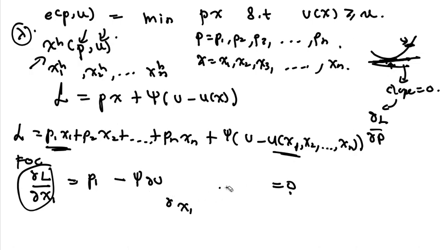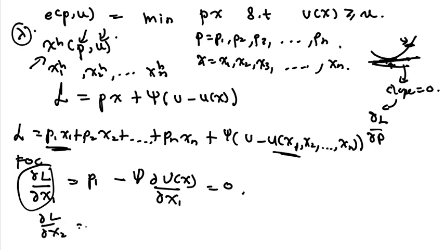Okay, so let me rewrite it again nicely. Then we have something like this. So you have p1 minus C delta ux over delta x1 equals to 0. You can do the same thing for x2, so you're going to get this: p2 minus C delta ux over delta x2 equals to 0.